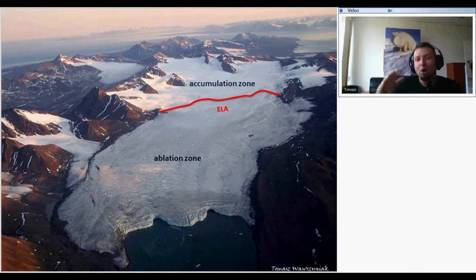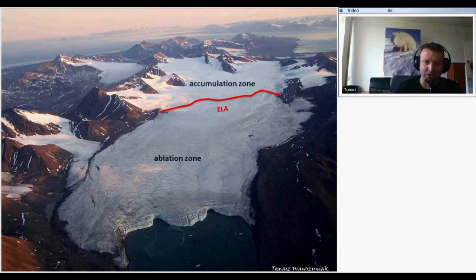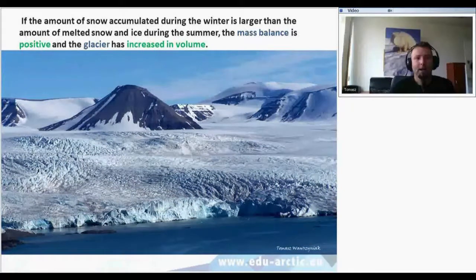So if you have a warmer summer, the ELA will go higher up, and more of the glacier will be in the ablation zone. If it's cold, the ELA will move down, it will be lower, so the accumulation zone will be bigger than the ablation zone. If the amount of snow that accumulates during winter is larger than the amount of melted snow, the mass balance is positive.